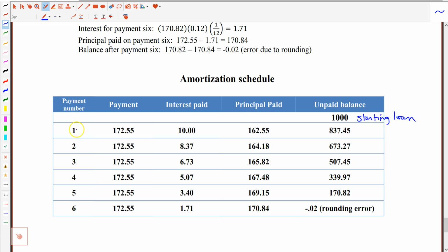So if you go back to the table, notice that this is what I have for my interest, that's what I have for my principal paid, and that is what I have for my current loan balance. So let's go into the payment for the second month. Now the interest, I'm still using I equals PRT.